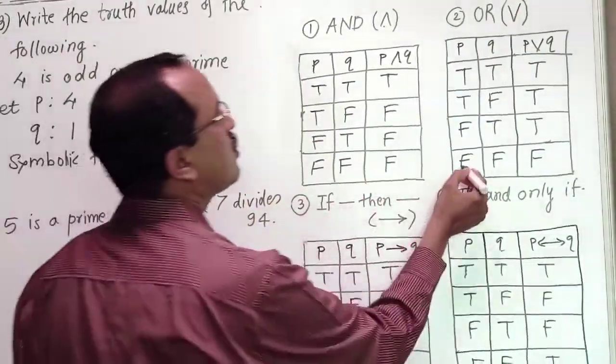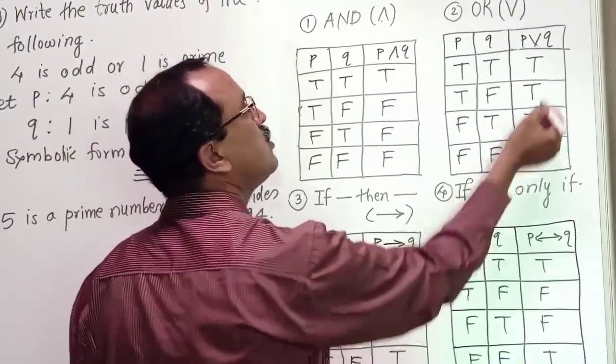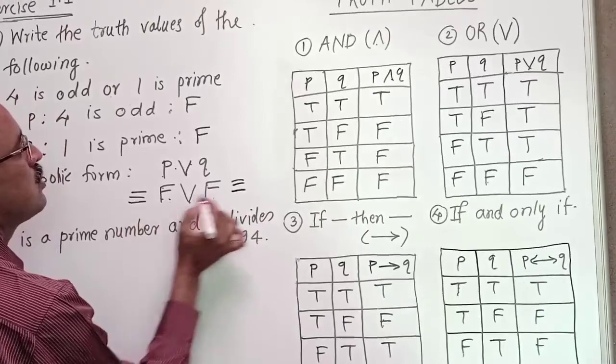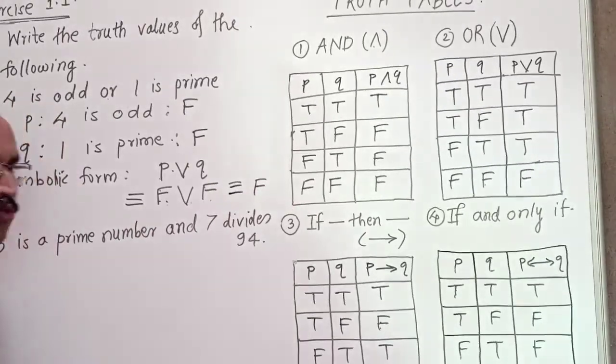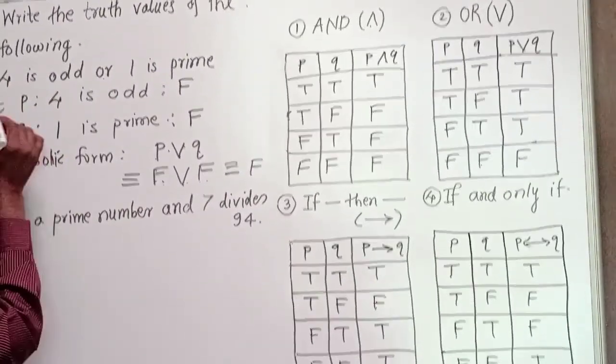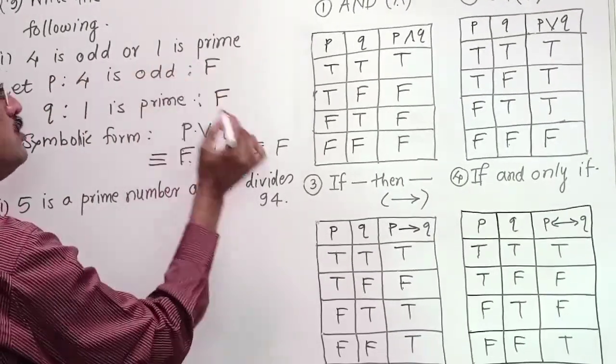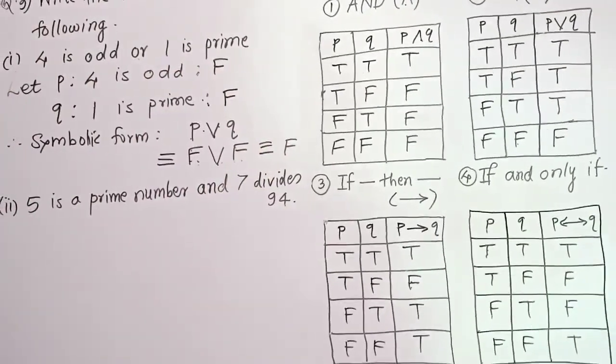First statement is false, second statement is false, the resultant statement is false. That means the truth value of the statement 4 is odd or 1 is prime is F.